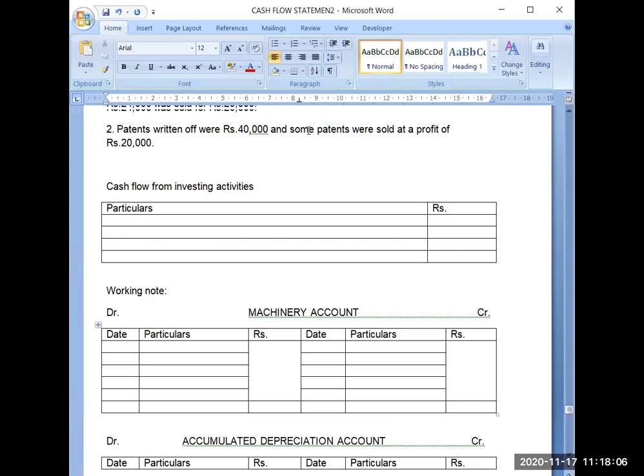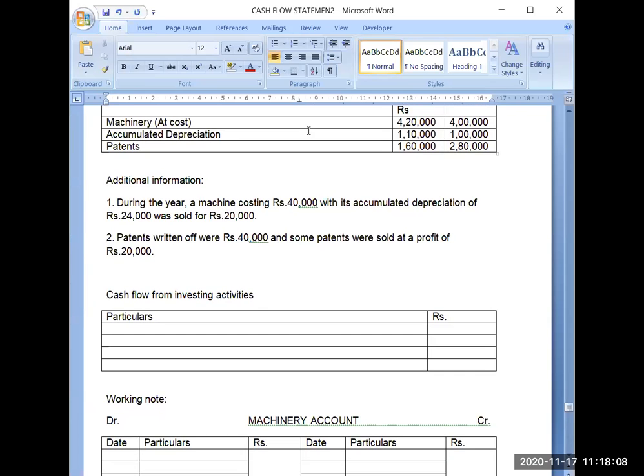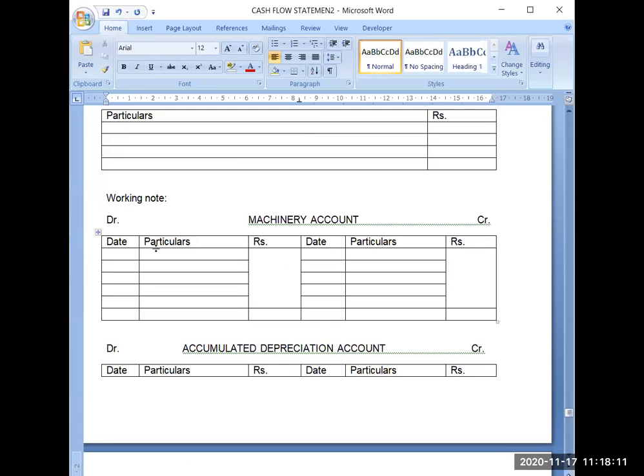Now see, first we will write the opening balances and closing balances of each and every account. Sorry, the opening balance we have to write, so it will be to balance b/d.